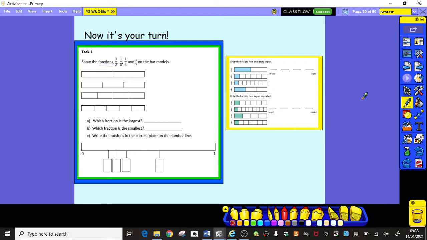The simplified task has already got the bar models shaded in, and it's asking you to circle or to put the fractions in order, but notice this one goes from smallest to largest, and the second one asks you to go from largest to smallest.